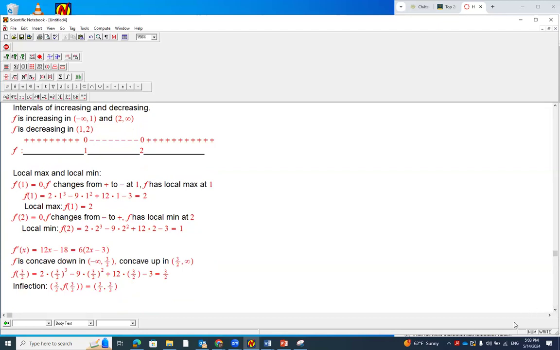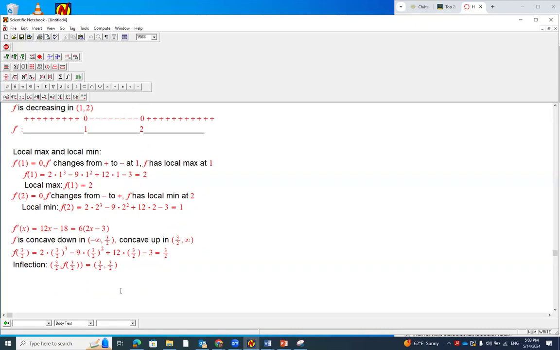Now, that is to determine local max, local min using the first derivative test. How about we use the second derivative test? Right? So local max, local min, second derivative test.